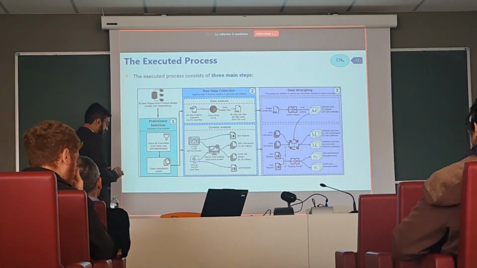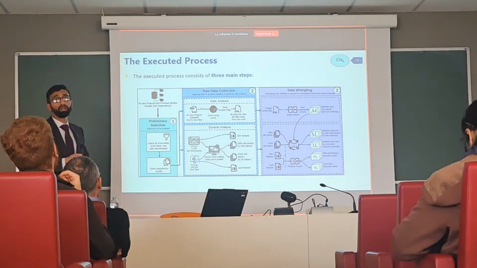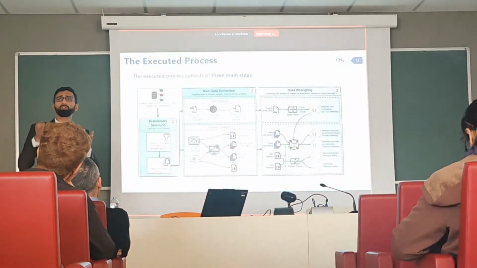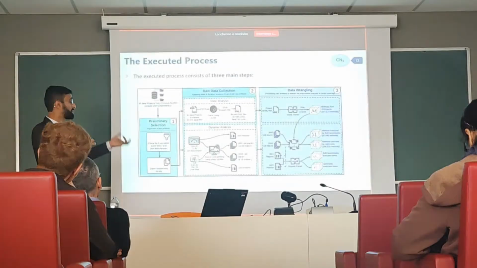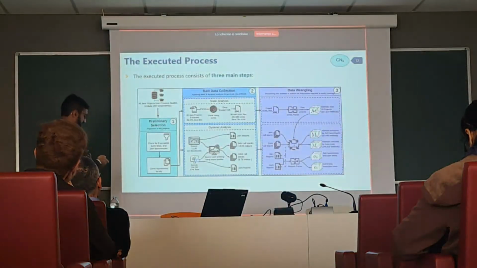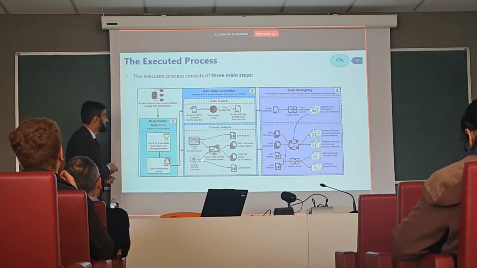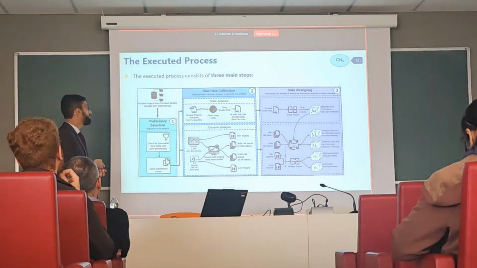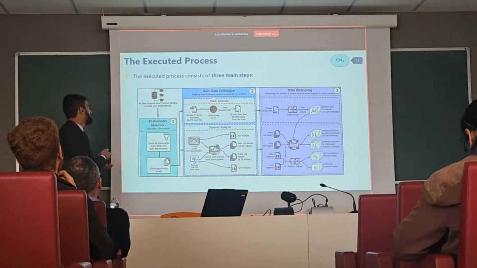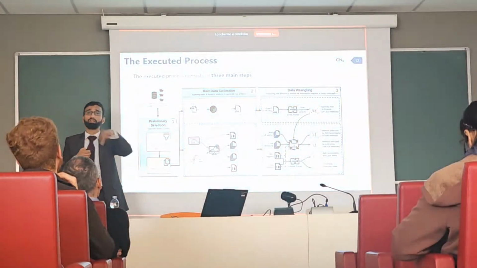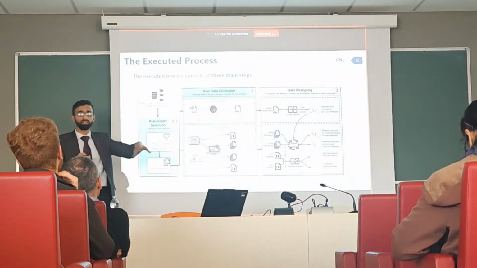To do that, we executed a process in 3 phases. We start with preliminary selection, where we do some filtering, making sure every suite has performance and functional tests. Then we do two types of analysis, static and dynamic. With static analysis, we get the methods in that project.